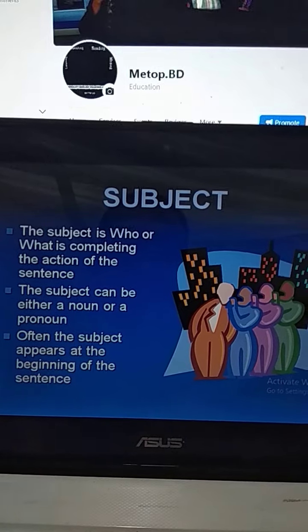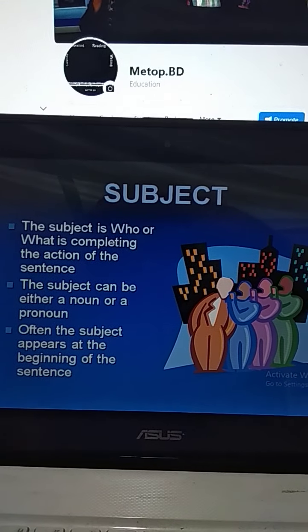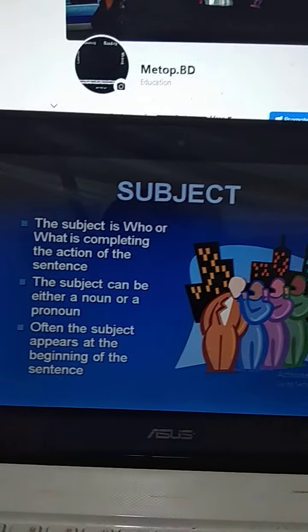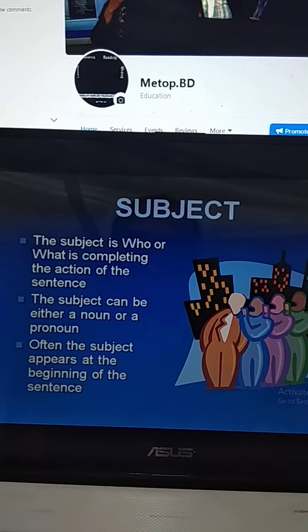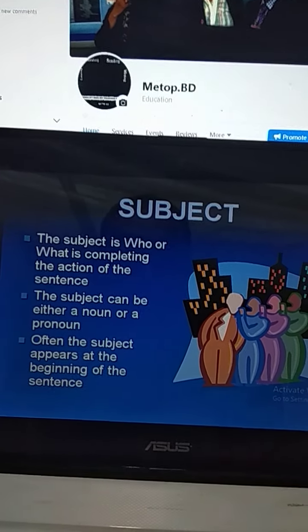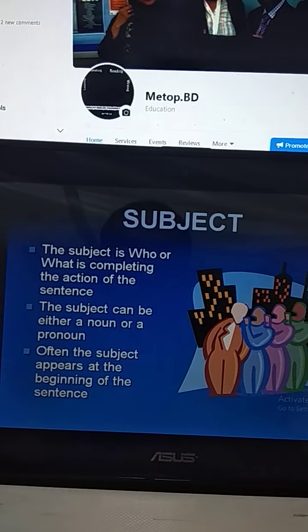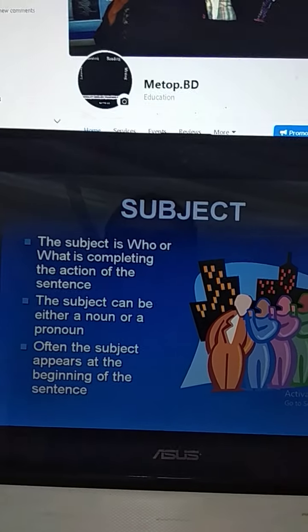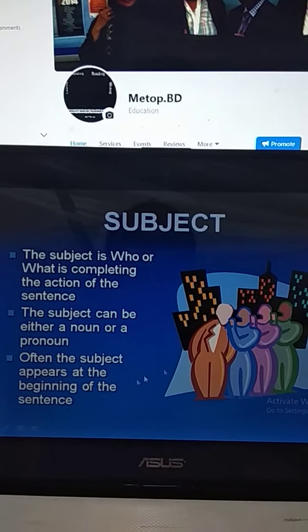The subject can be either a noun or a pronoun. Often the subject appears at the beginning of the sentence. We know that very well. Usually our sentence begins with a subject. Next slide.